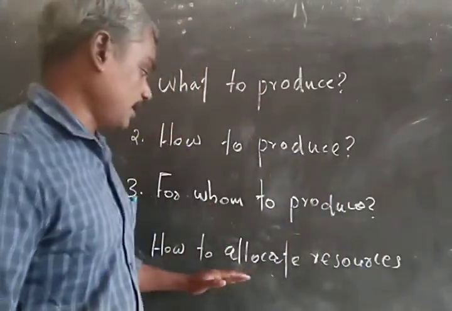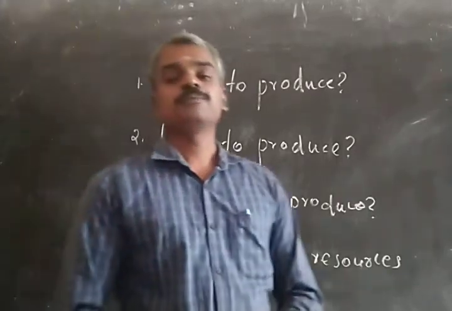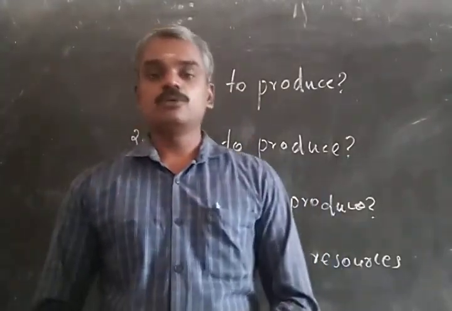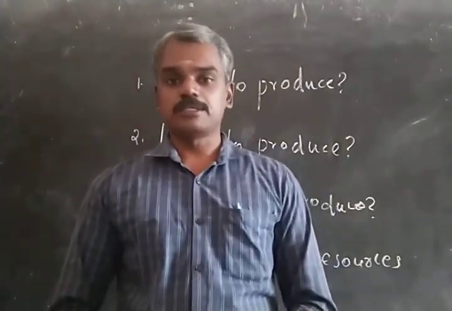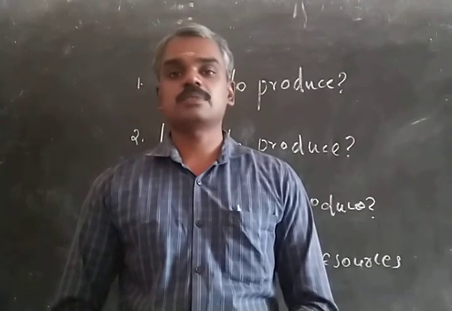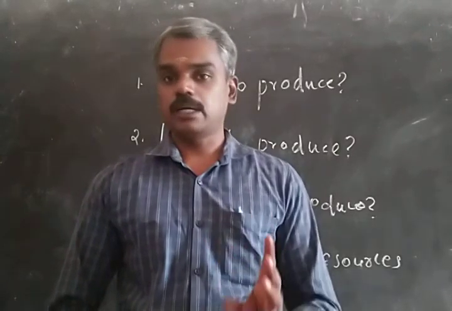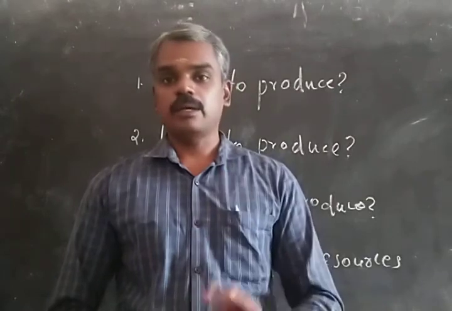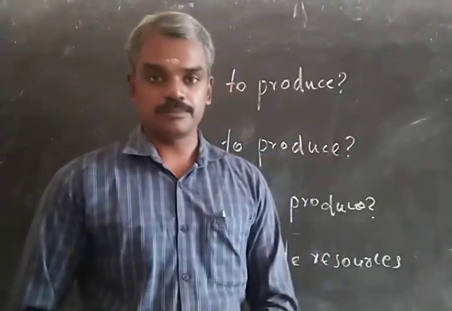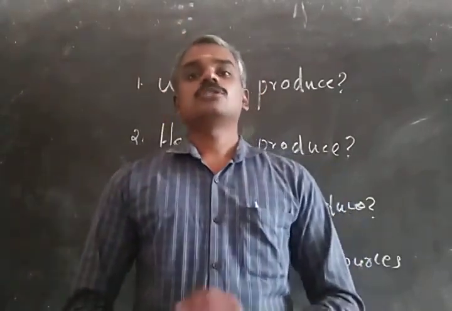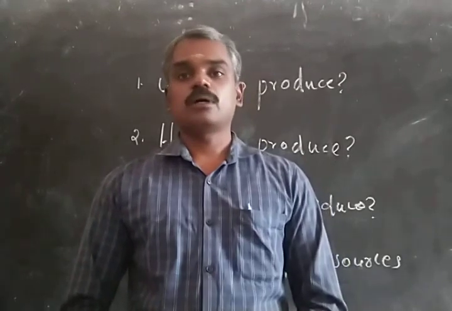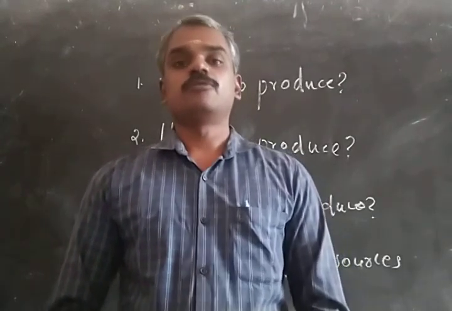And the answer to these questions will also tell you something about the different economic systems. Different economic systems are the market determined system, the command determined system, and the mixed system, which solve the question of allocation of resources.